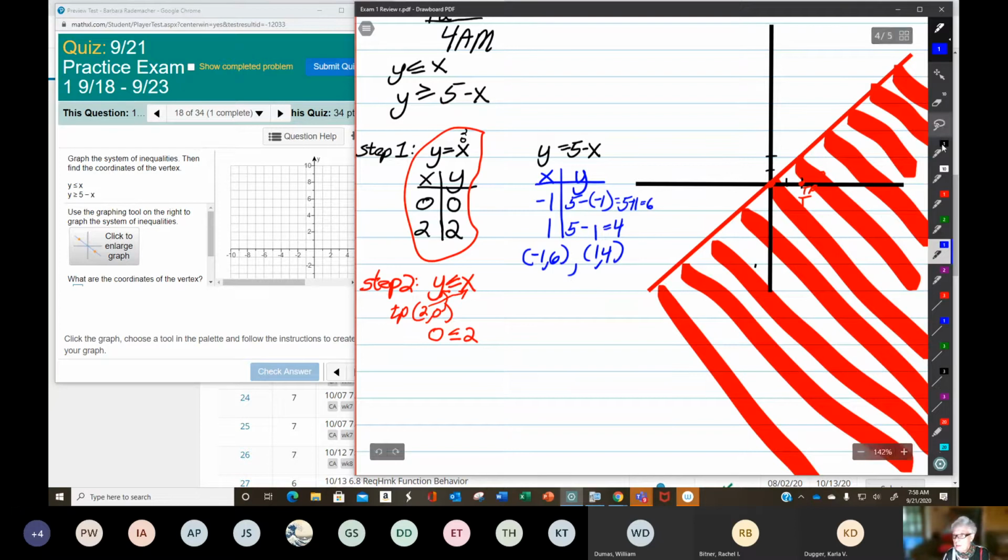Okay, so now I have to make some more hatch marks. 1, 2, 3, 4, 5, 6. And I don't know, that's about -1. So -1, 6 is going to be about here.